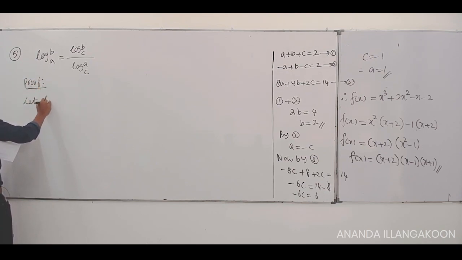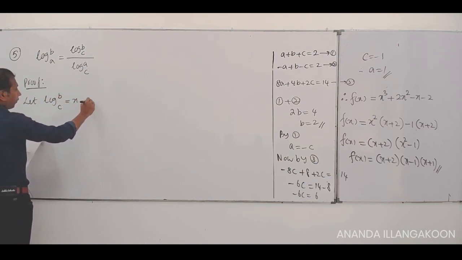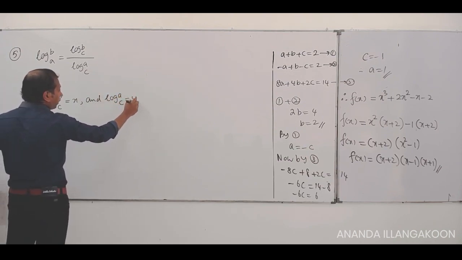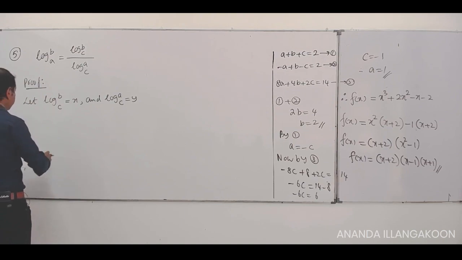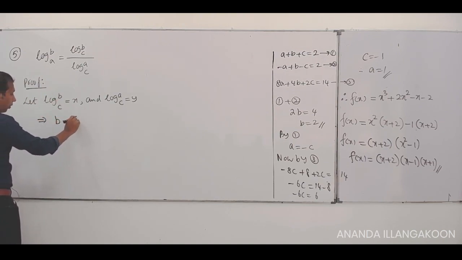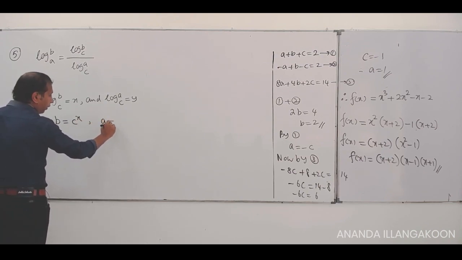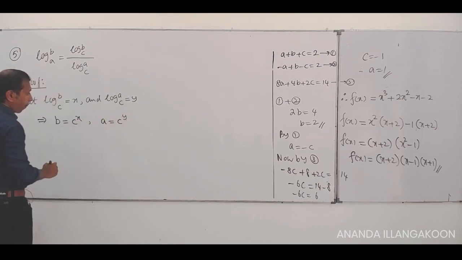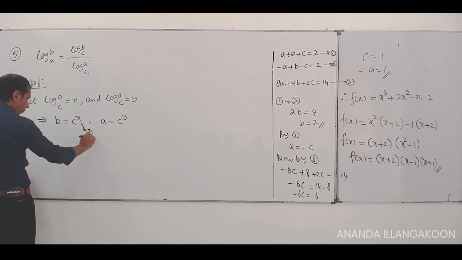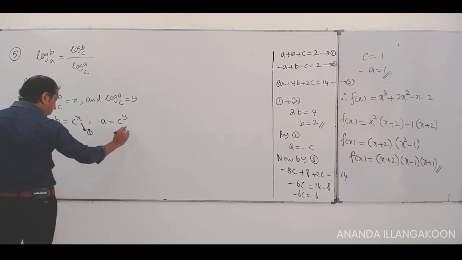Let log b to the base c I take as x and log a to the base c I take as y. Yes, we can convert: b equals c to the power x, a equals c to the power y. Right? We'll take this as number 1, this as number 2.